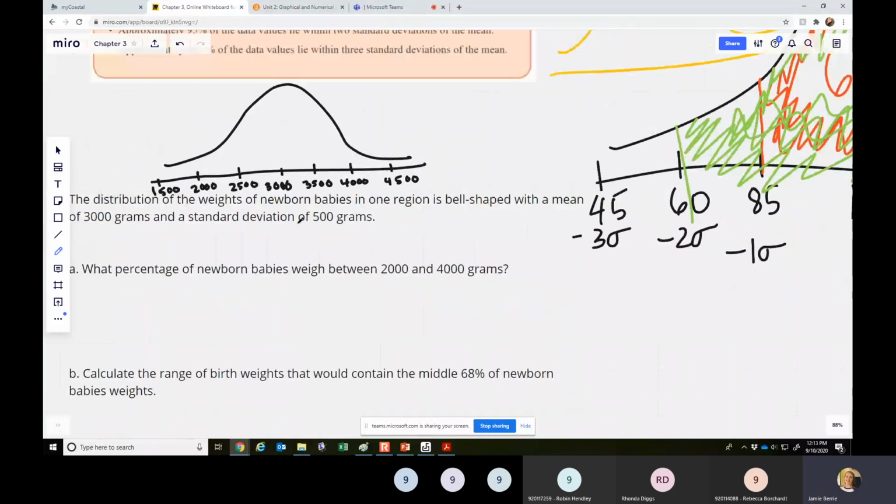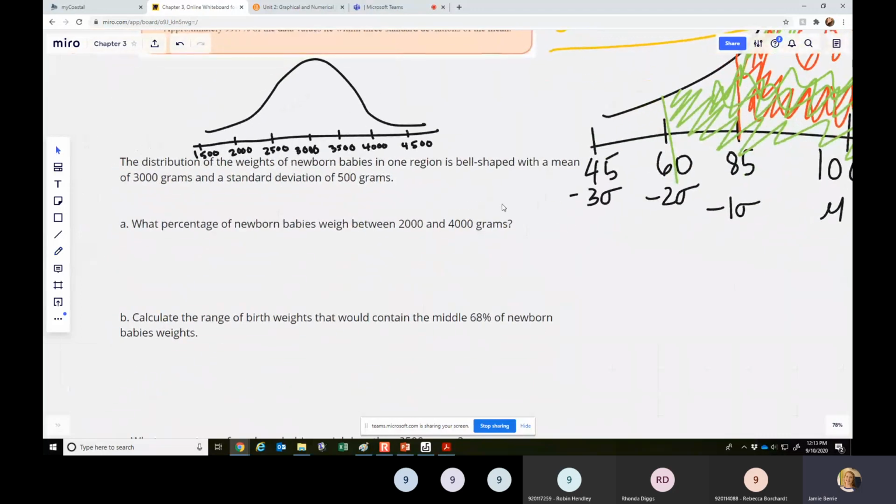All right, so we've got our little bell-shaped curve drawn. I'll let you finish it up if you're not quite finished yet. I do this every time, and I know it can be a hassle to have to draw this out every time, but I really think it helps if you draw this bell curve every time for every problem when you're doing the empirical rule.